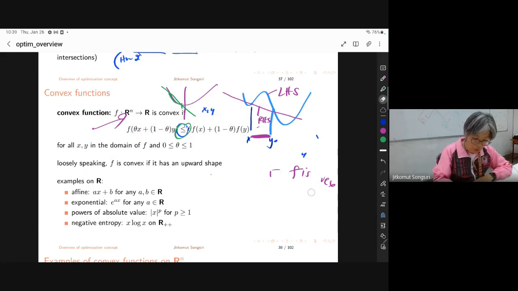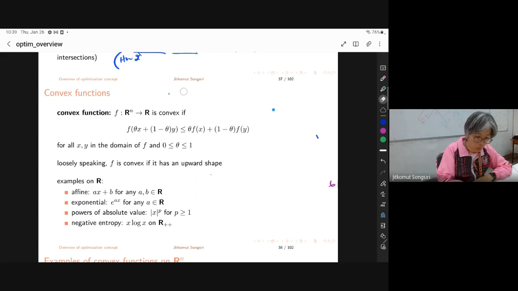Now I give you typical examples of convex functions. We will not have time to verify the property of all of them, but let's just focus on one thing that is very simple: Ax plus b. This is an affine function, right?